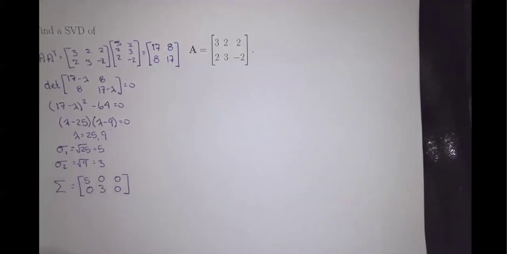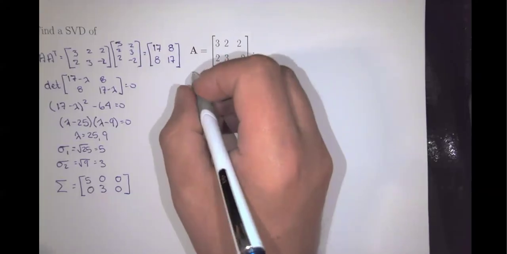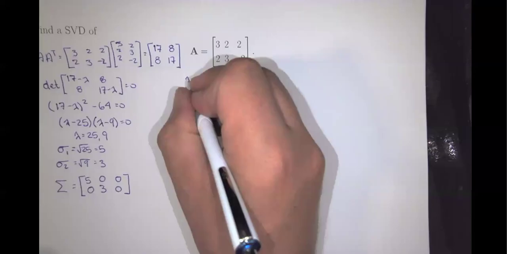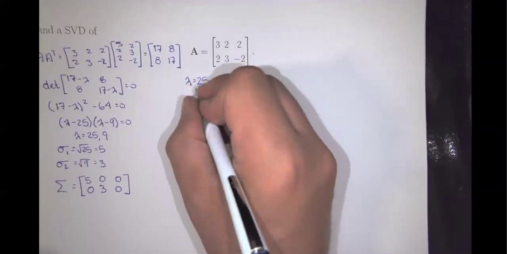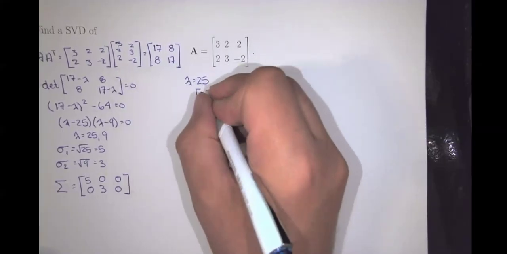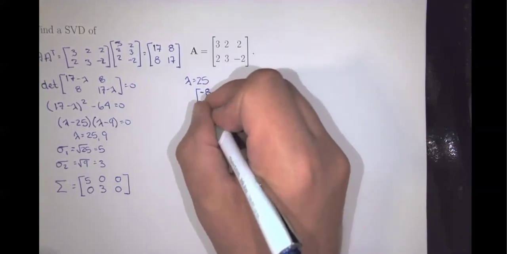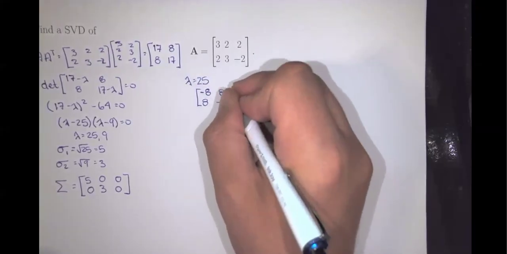Next, we want to compute the eigenvectors. So for lambda equals 25, we end up with the matrix 17 minus 25 is minus 8, then positive 8, then 8, and then 17 minus 25 is minus 8.